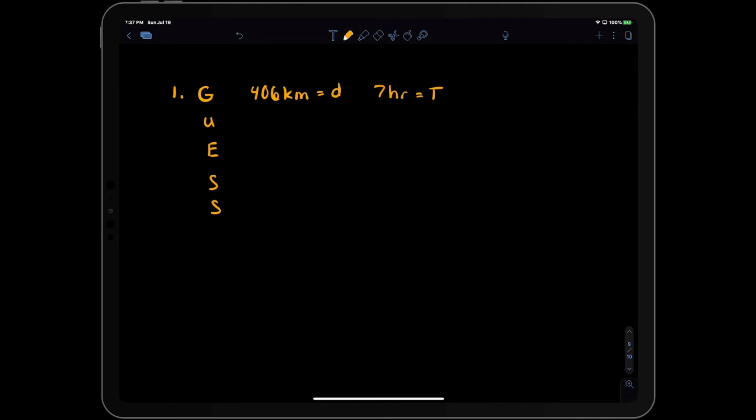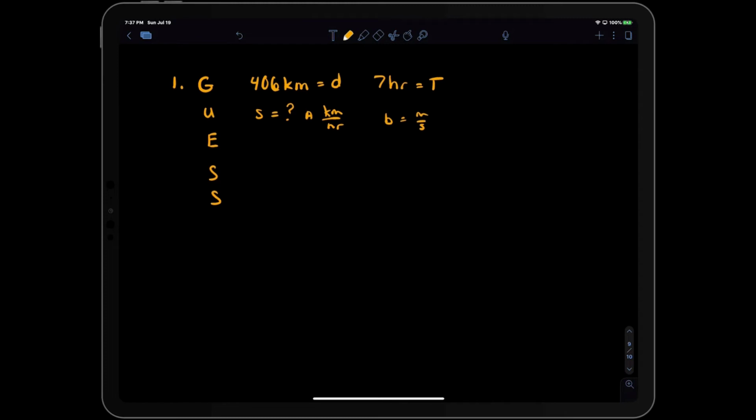Okay, now this is a two-part deal. The average speed is going to be in part A, it says kilometers per hour, and then part B, it says meters per second. So we're going to have to do some factor labeling here. The equation, we know that the average speed, now you're going to notice I put this down two different ways, S and the V with the little line atop of it.